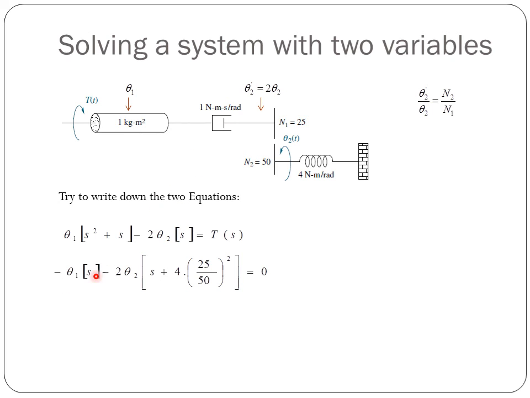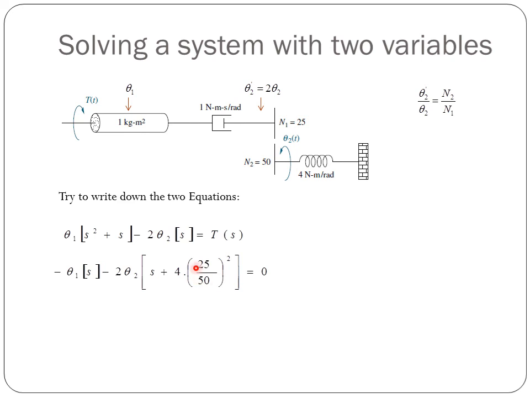The same will appear with theta 1: minus theta 1 into the common impedance here, 1 into s, and then minus, this should be plus, 2 theta 2 into s plus 4 into 25 by 50.